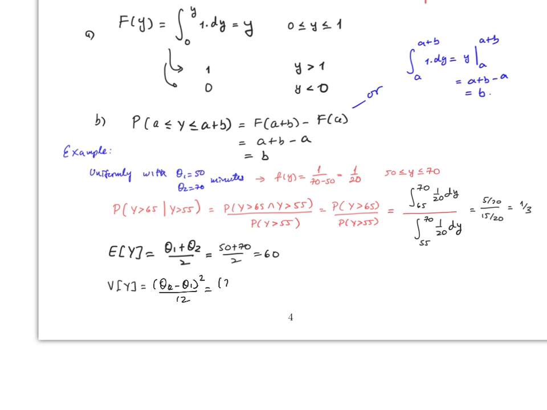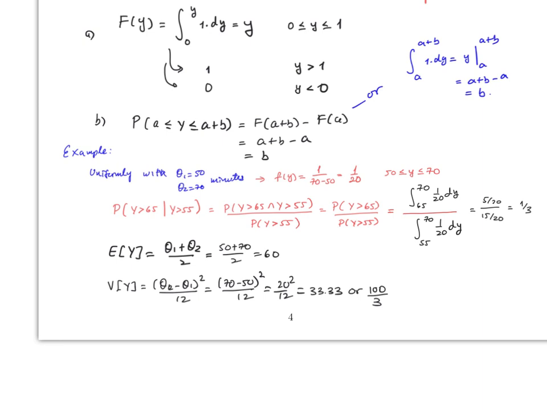So in our case, it will be (70 minus 50) squared over 12, which will be 20 squared over 12. And that should be around 33.33 or 100 over 3. And that's it for the uniform. As you can see, it's straightforward.